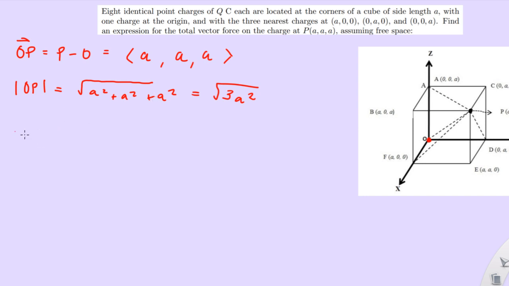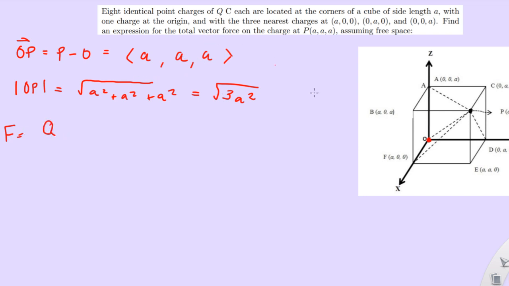So now we're going to take Coulomb's law and find Coulomb's law for the distance O to P, and then we're going to apply the unit vector. First, let's do Coulomb's law. F equals Q1. What's Q1? Q1 is just Q. What's Q2?